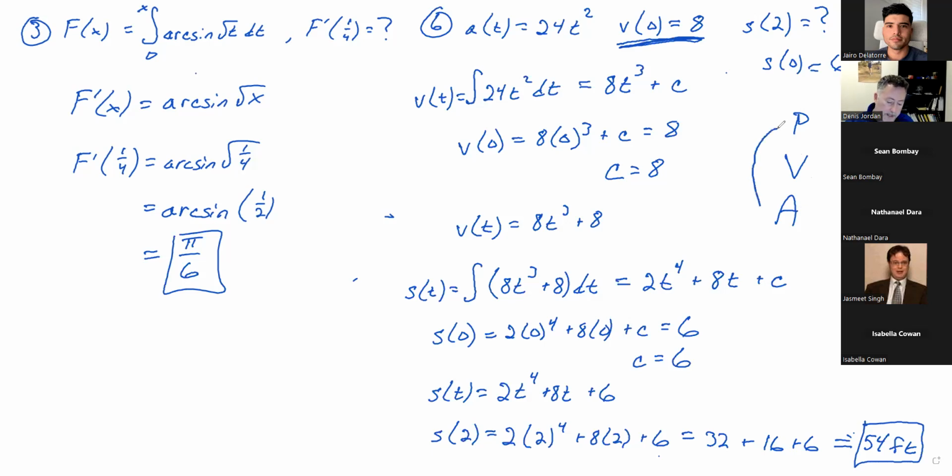If I'm going to work my way down to acceleration, I'm doing derivatives. But if I'm going to work my way back up, starting with acceleration and going up to position, I'm going to have to integrate.